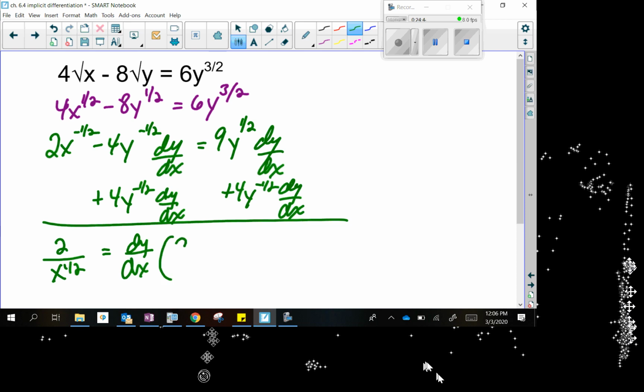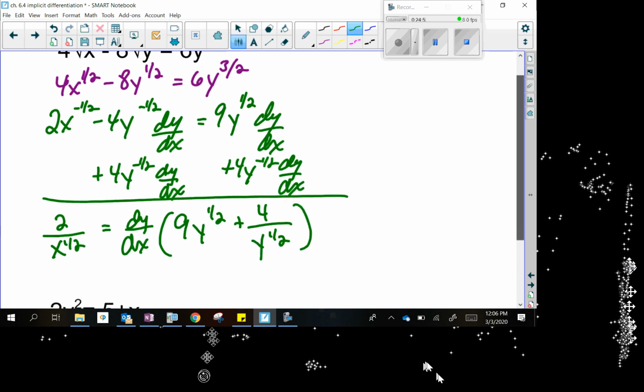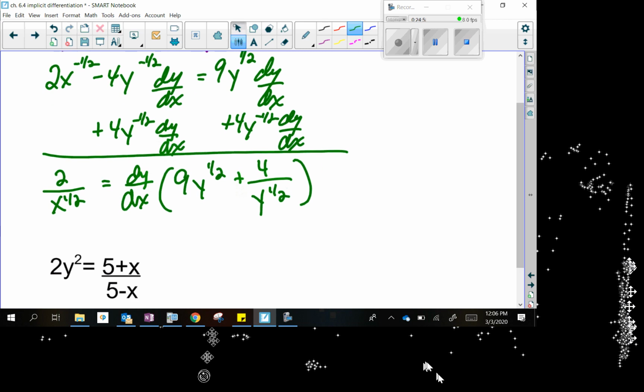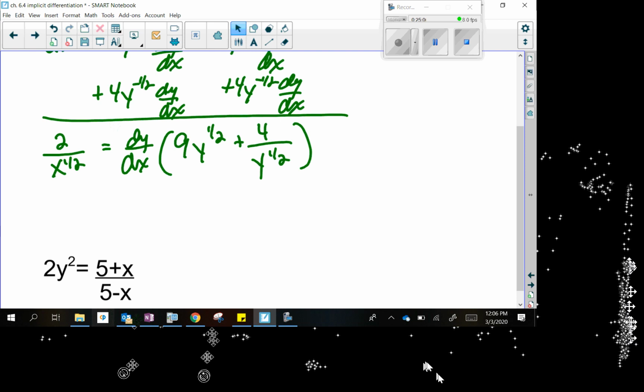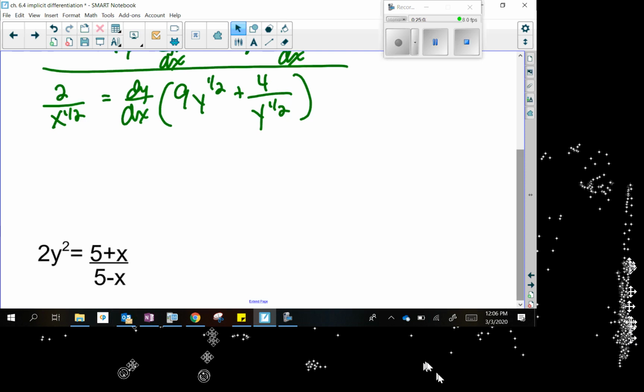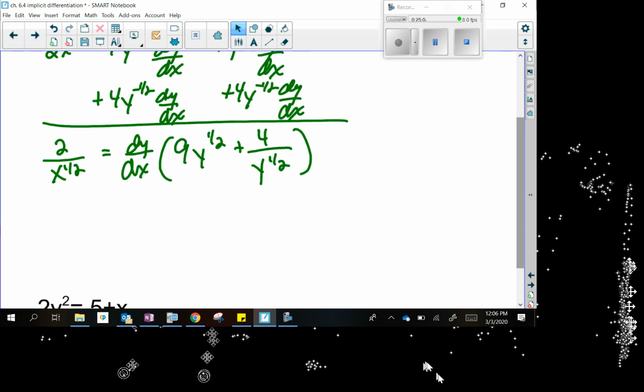And I get 9y to the 1/2 plus 4 over y to the 1/2. Do you agree with that? Anybody see a problem?